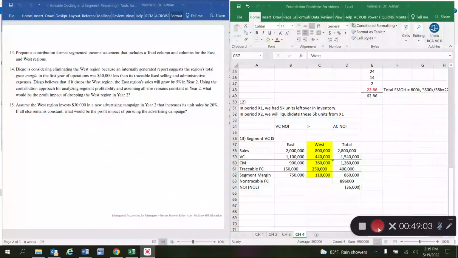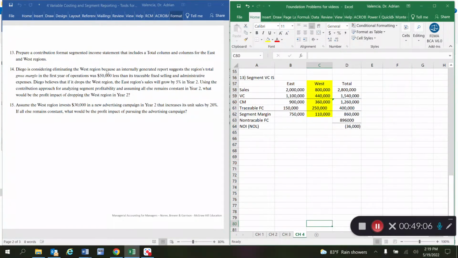Okay. Well, first, let's talk about this $50,000 less that the manager is thinking about. So let me do that. 14. Should we drop the West? Because it's 50K unprofitable. Let me show you what that's about.